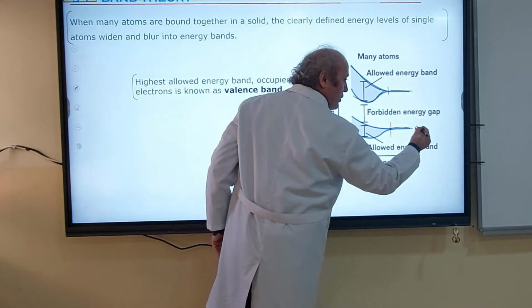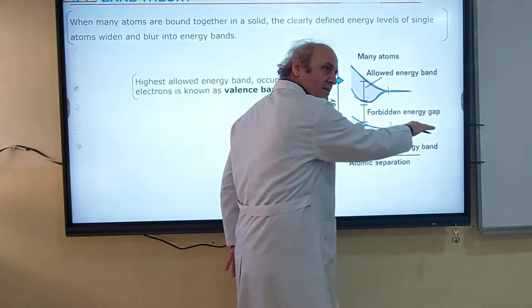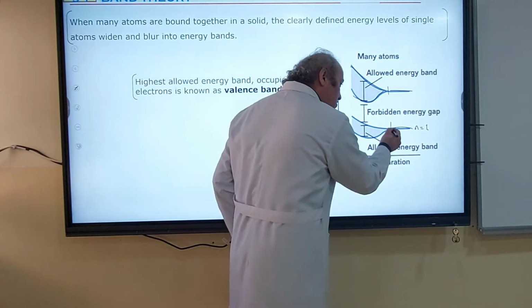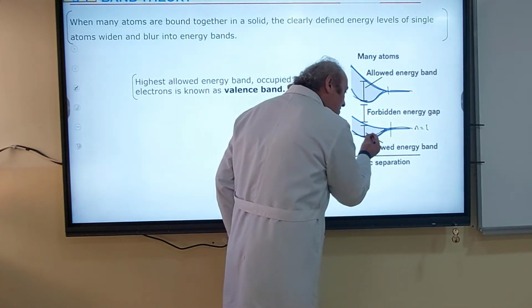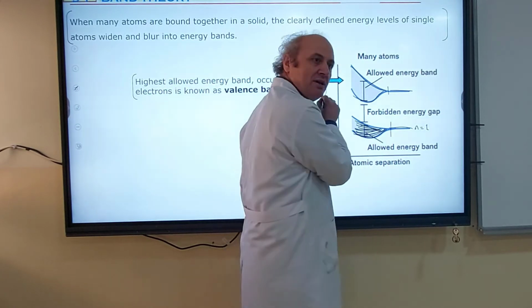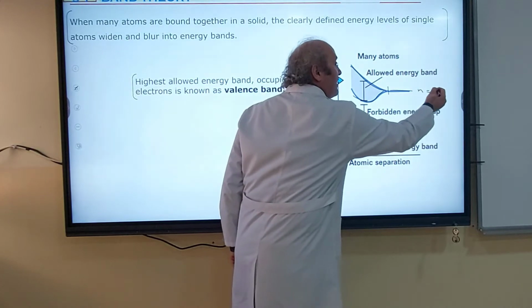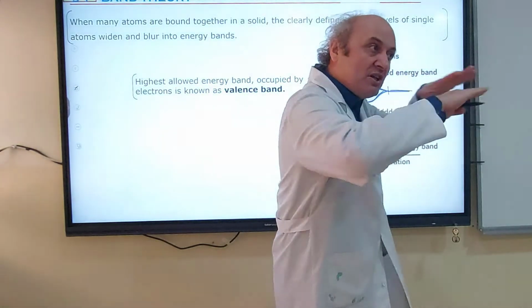So n equal to 1, when the atoms are far from each other, was just a single line. When you make them closer and closer, this energy level splits billions of times, and it becomes a band. The second energy level, when they are far from each other, is a single line for each.